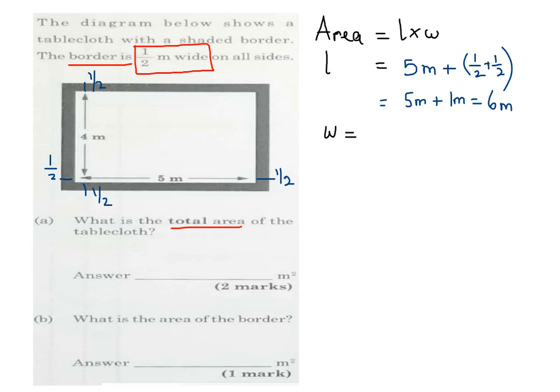A half and a half would add up to 1. So we're adding on a whole extra meter to the 4 meters. So we're writing in 4 meters plus that extra meter, which is 5 meters.